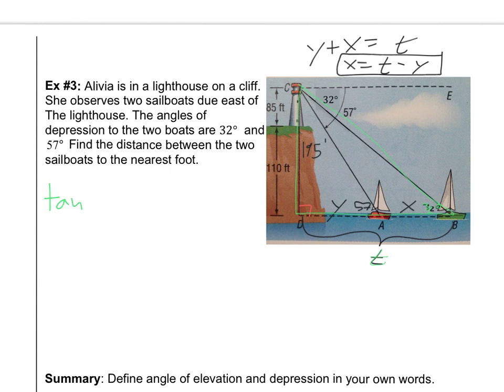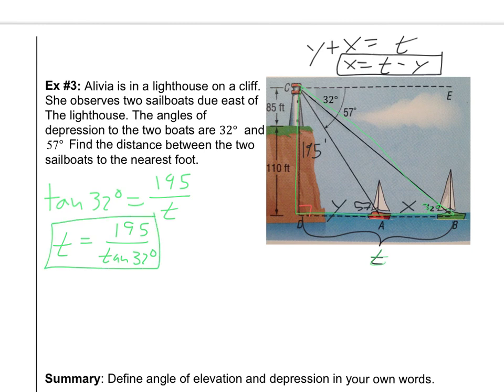So let's go ahead and type this out. The tangent of 32 degrees always equals my opposite, which is 195, over my adjacent of t. This is one of those problems where I have a t on the bottom, so I'm just going to swap it with the tangent of 32, so I know that t equals 195 over tangent 32 degrees.